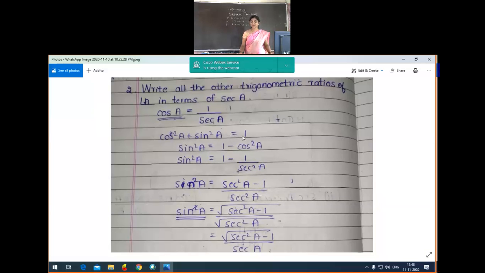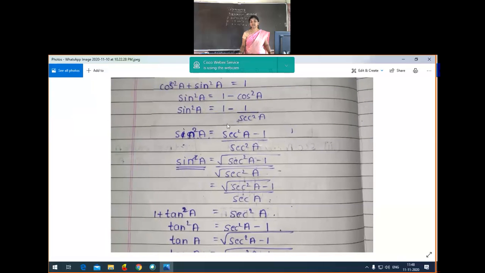When we convert this into sine form, sin square A is equal to 1 minus cos square A. Then sin square A is equal to 1 minus cos A, whose result is 1 by secant A. Can we substitute cos square A as 1 by secant square A? Yes. Then sin square A is equal to, by taking the LCM, secant square A minus 1 divided by secant square A.